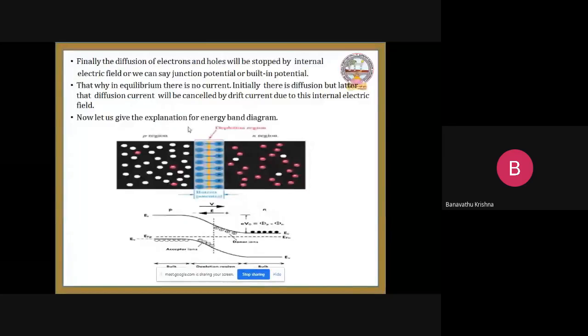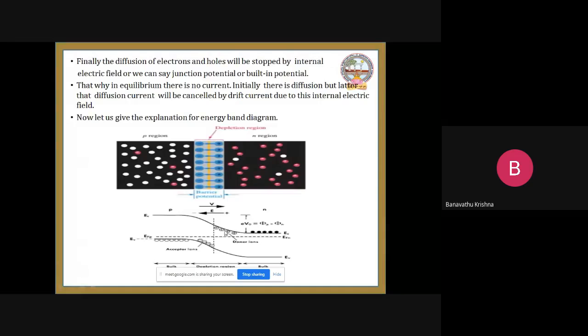Let us see here. The electrons, which are majority charge carriers in the N-type conduction band, move from the N side to the P side and leave donor ions, which are positive ions.